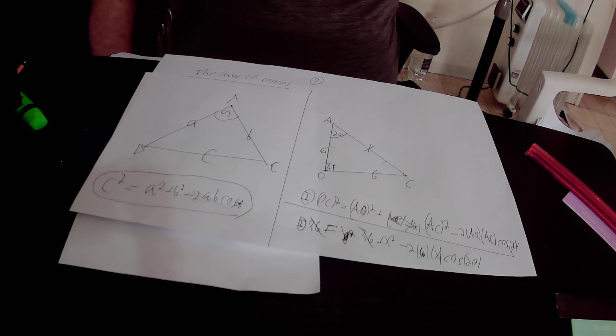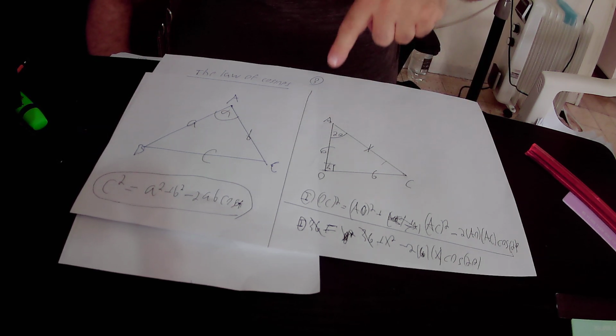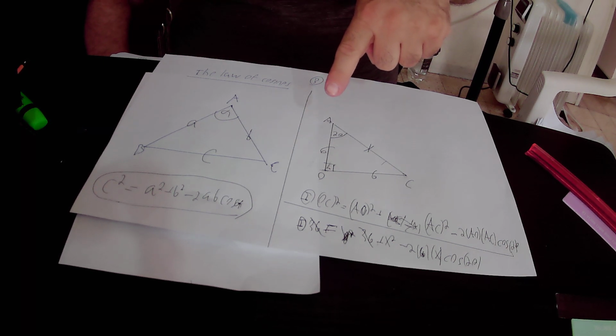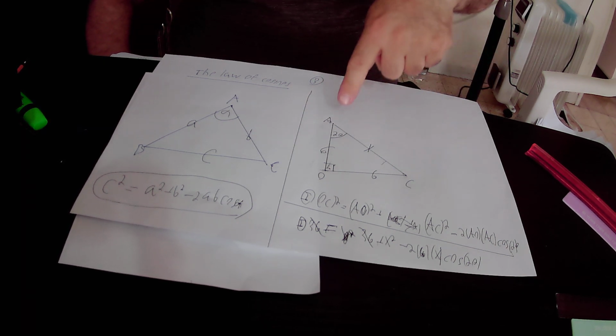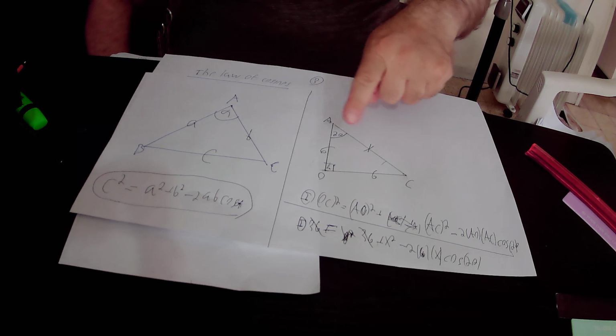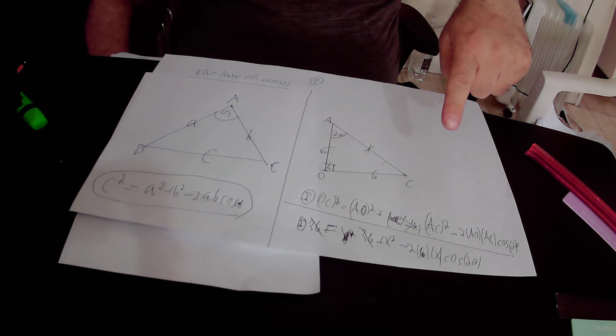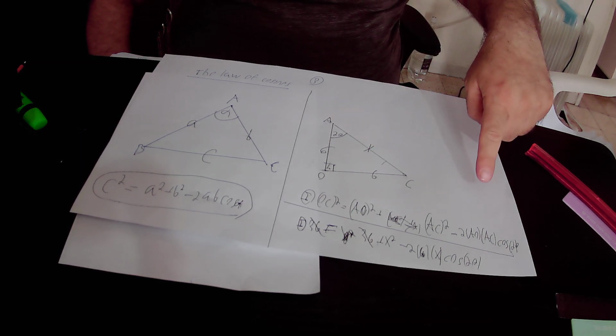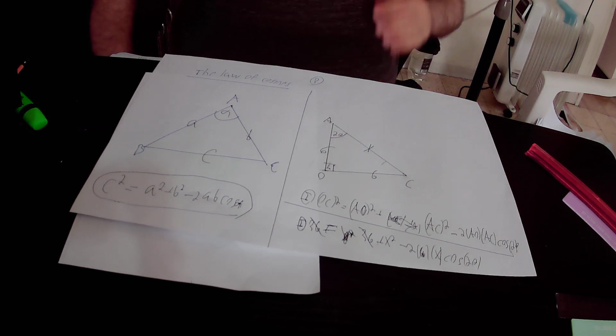According to the law of cosines, OC squared equals AO squared plus AC squared minus 2 times AO times AC times cosine 2 theta.